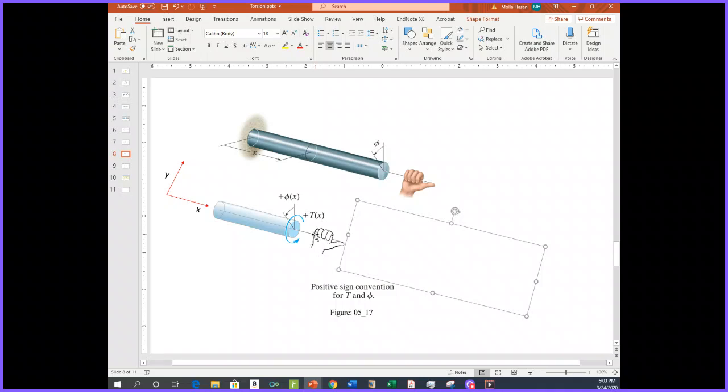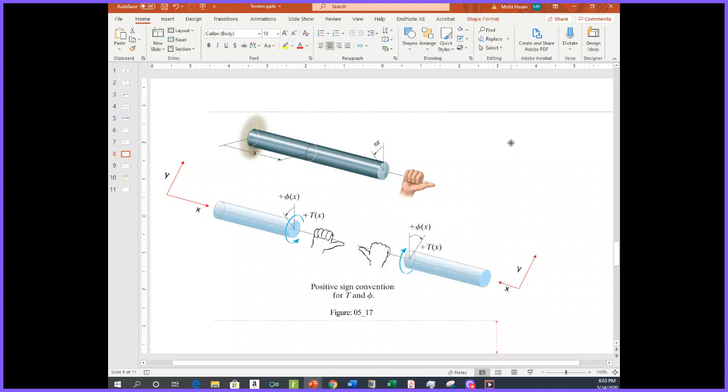Let me say it again: the torque and angle of twist are positive if the thumb is directed outward from the shaft when the fingers curl to give the tendency for rotation. As you see in this example, the positive x direction is this way, and my thumb of the right hand is directed in this way, while my other fingers curl in the direction of the rotation.